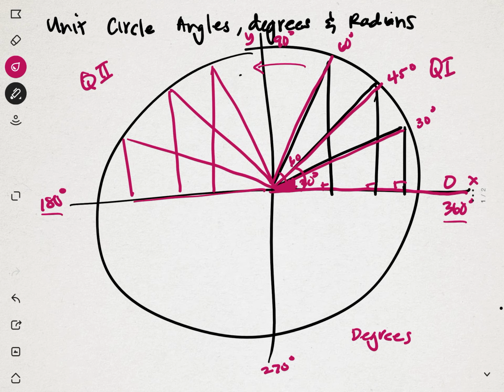So if we add 30 to 90, we get 120. Then if we add 45 to 90, we get 135. And if we add 60 to 90, we get 150. So those are the angles and the related triangles in the unit circle.